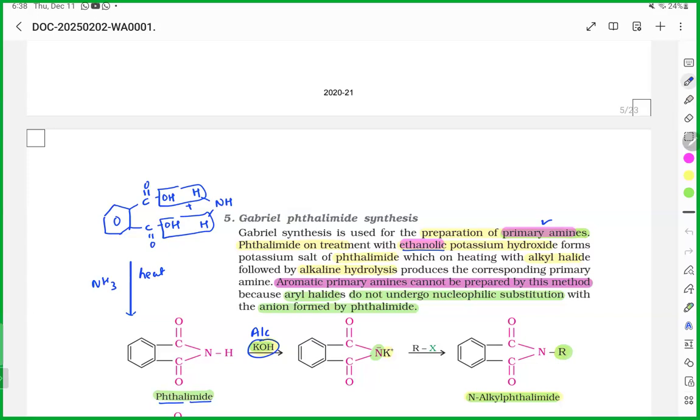What happened in ammonolysis? So this reaction takes place in a sealed tube. At what temperature? 100 degrees Celsius. And what happened during the reaction? So ammonia reacts with alkyl halide and the nucleophilic addition reaction takes place. Nucleophilic substitution reaction.